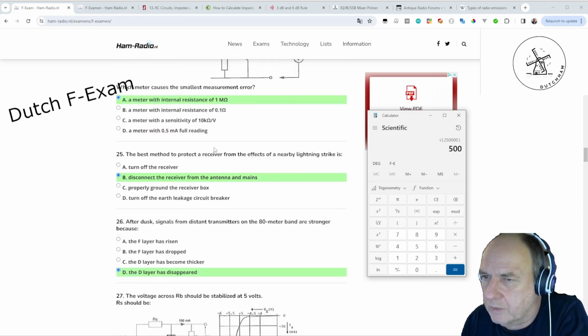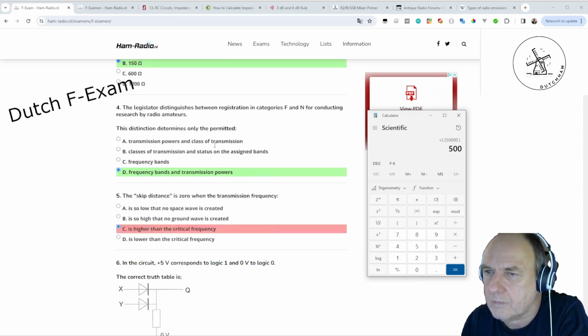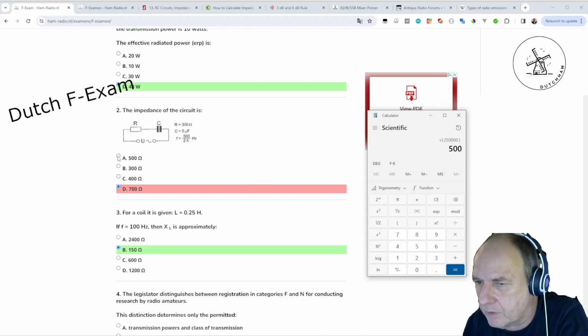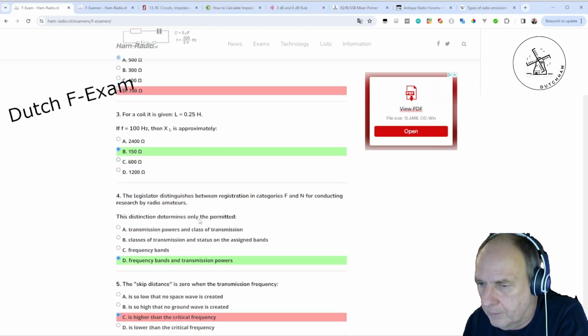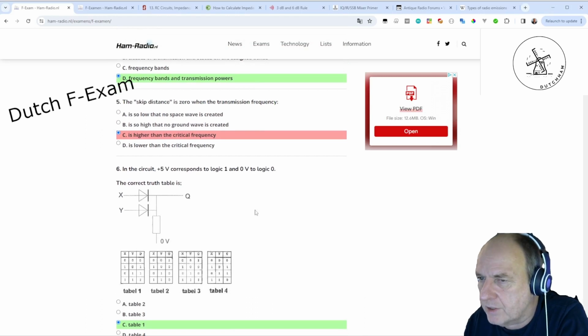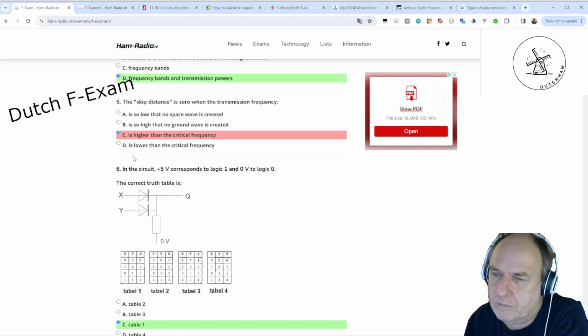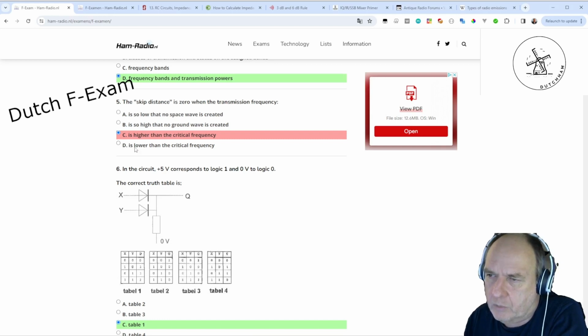So let's go back to the start again. Now this one we already calculated. The 500 is still in the calculator, so that was answer A. The skip distance is 0 when the transmission frequency is lower than the critical.